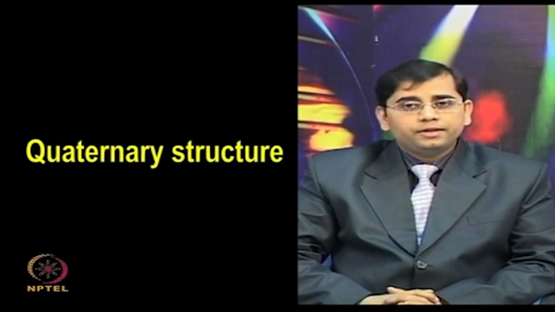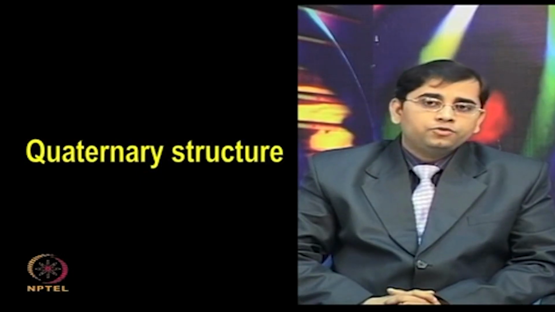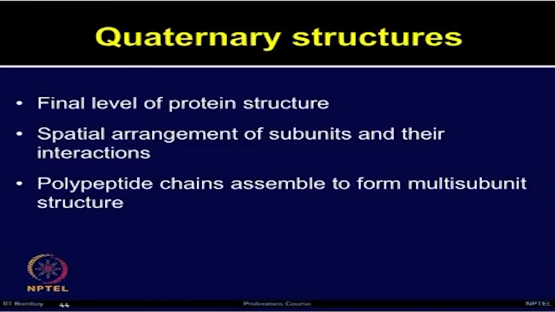Now, what is quaternary structure? It refers to interaction between individual protein subunits in a multi-subunit complex. So, quaternary structure represents the final level of protein structure, which is the spatial arrangement of subunits and their interactions.